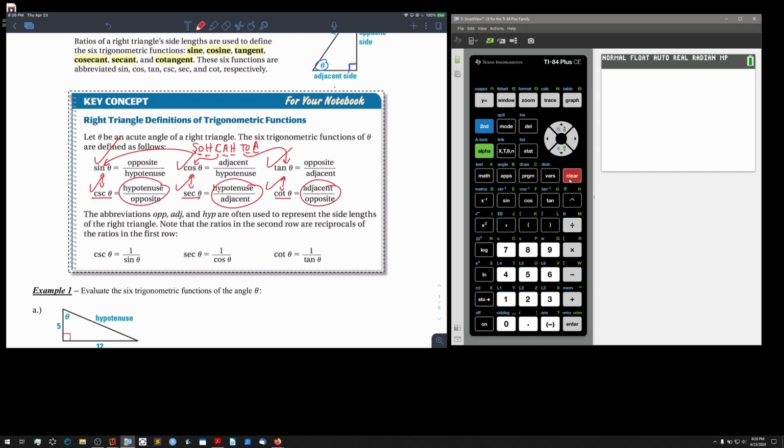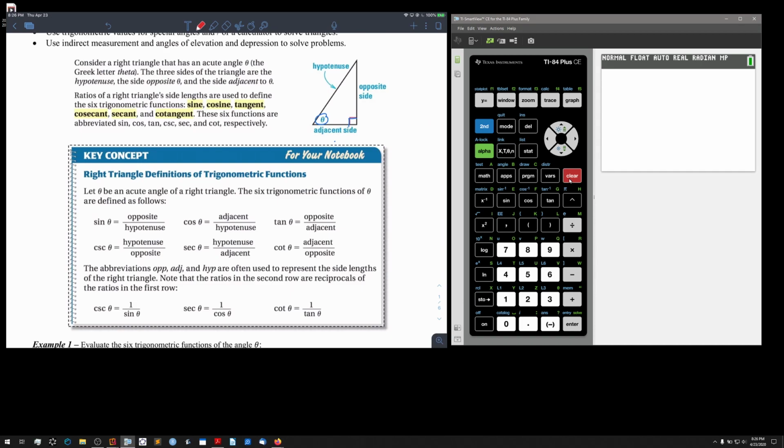Also there's another very important little identity here: if cosecant is the reciprocal of sine, then this should also be true, which makes logical sense. Reciprocal means reciprocal. So hopefully that's something you remember.